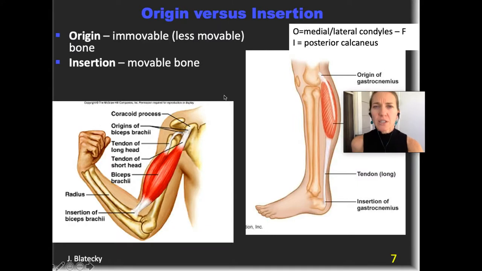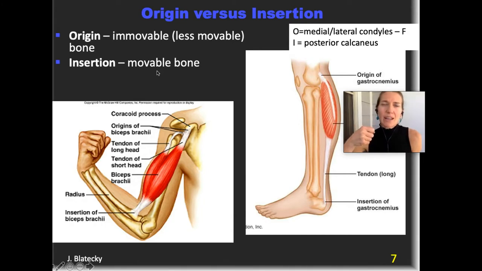So turning now to look at the distinction between origin of a muscle and insertion of a muscle. One way to think about the origin of a muscle is to think about it as the anchor point. You can think about it as the bone that a muscle is attached to that is less movable or even immovable. And then the insertion is going to be the bone that the muscle is essentially yanking on.